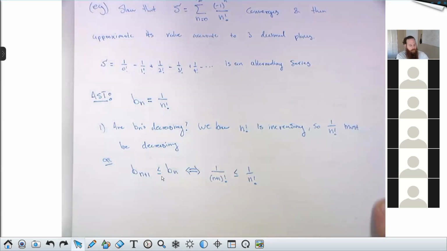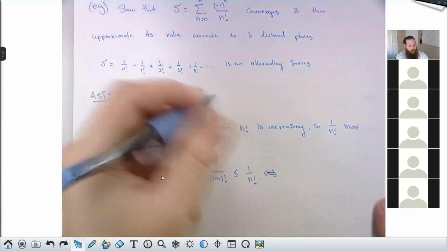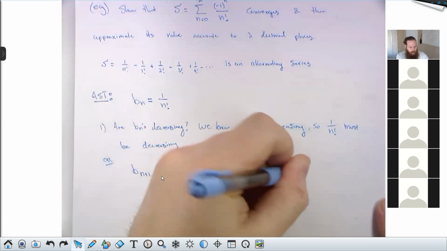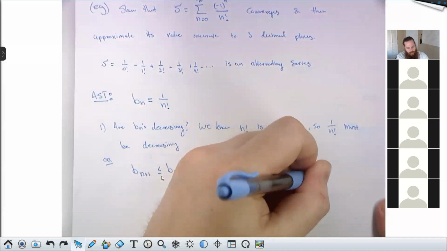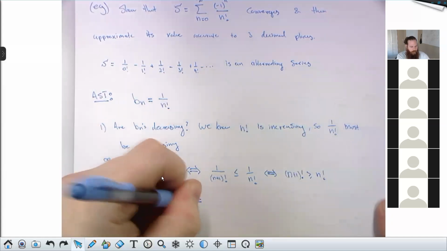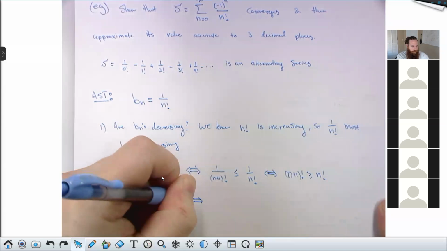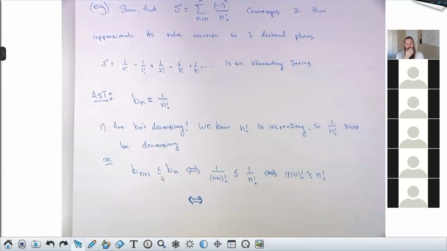And the first step in that is just what Ayushi was saying. We want to take reciprocals on both sides, which would give me n plus 1 factorial is greater than or equal to n factorial. Okay, what could I do from there? Could you solve for n? Yes, how?